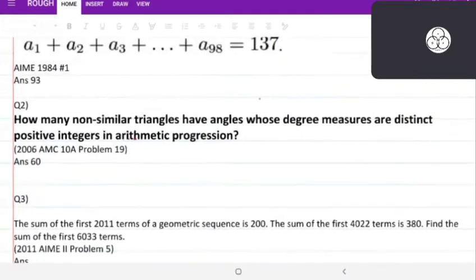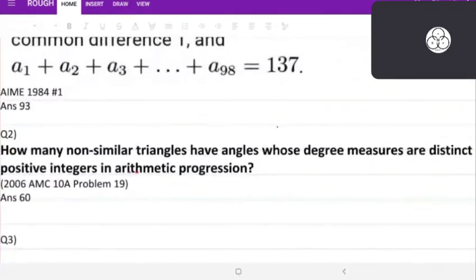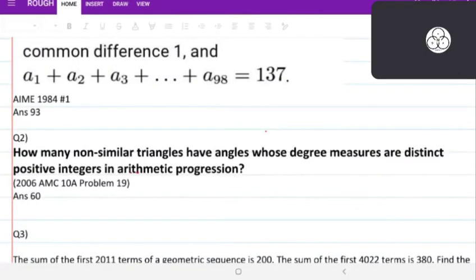Now it would be easily visible. How many distinct non-similar triangles have angles whose degree measures are distinct positive integers in arithmetic progression? Pretty easy, right? Non-similar.